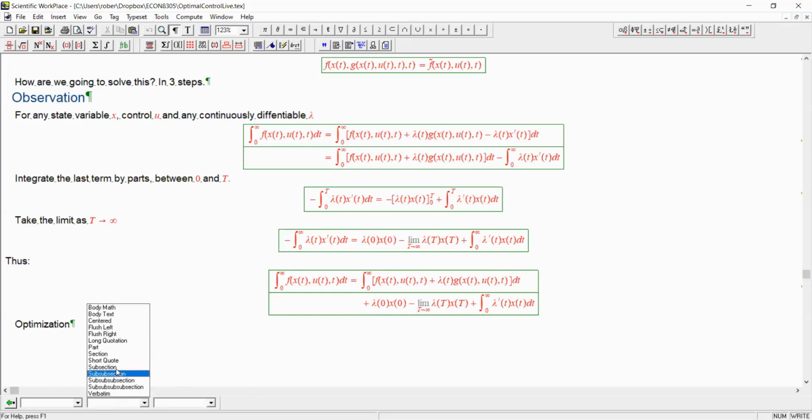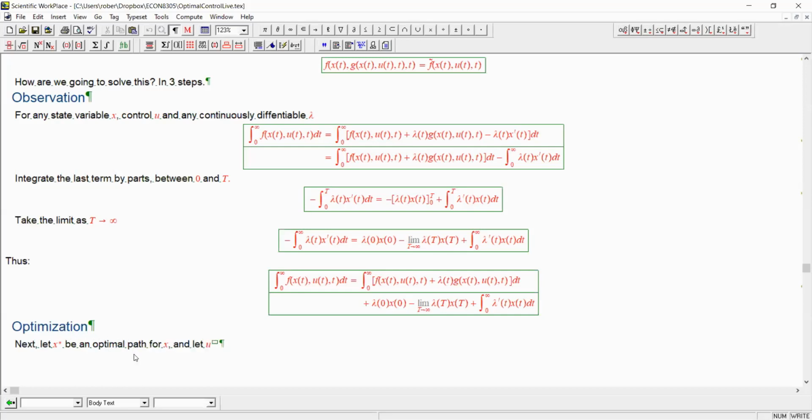We're going to propose an optimal path for x. So let x star be an optimal path for x, and let u star be the corresponding control variable.